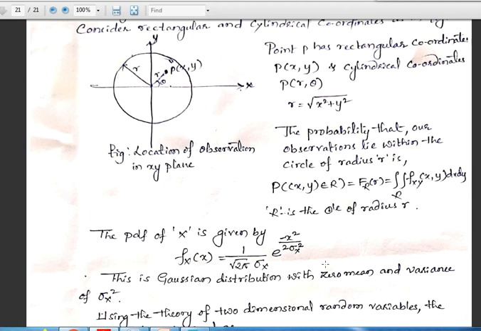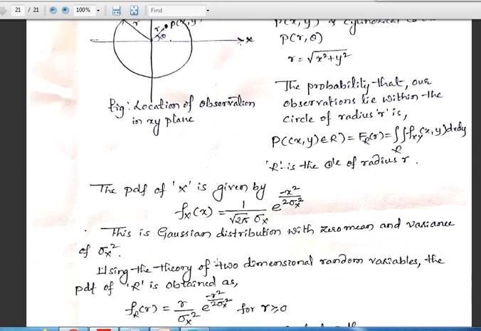This is the Gaussian distribution with zero mean and variance sigma_x square.